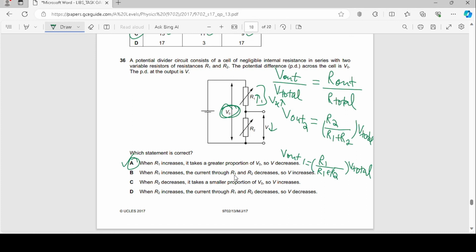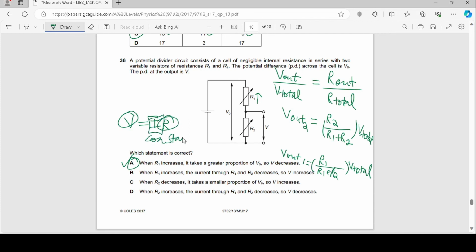When R1 increases, let me just erase this for a while so that I can see the other options. When R1 increases, the current through R1 and R2 decreases, so V increases. I think one of the assumptions for a potential divider is that because V is changing and R is changing, you assume that I is pretty constant.